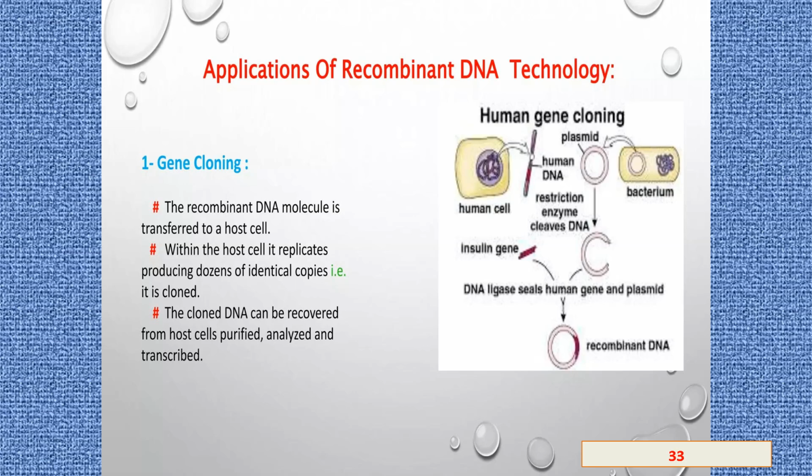Then human gene cloning is another thing where human DNA is isolated. It is inserted into the bacterium by restriction endonucleases, cleavage of the DNA. The insulin gene responsible for the production of insulin is going to be taken out and sealed into the human gene and plasmid.